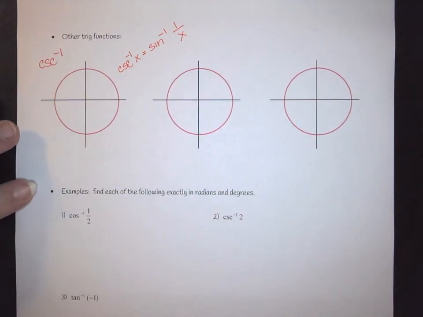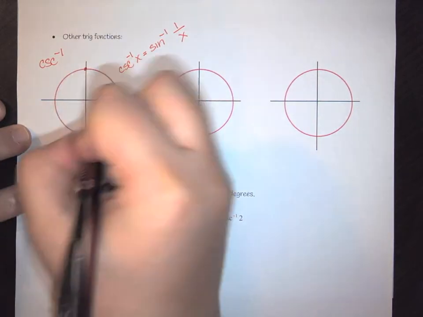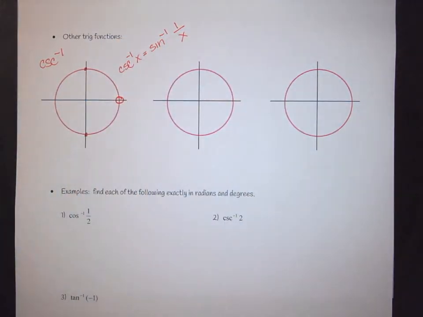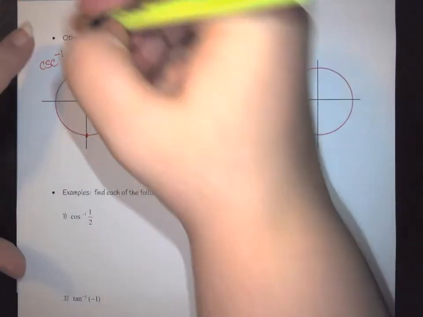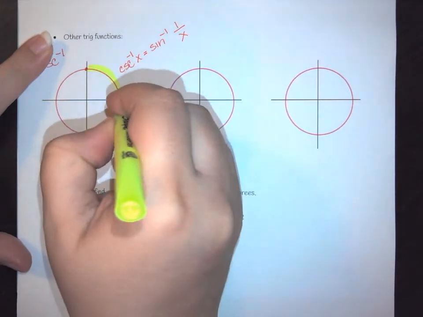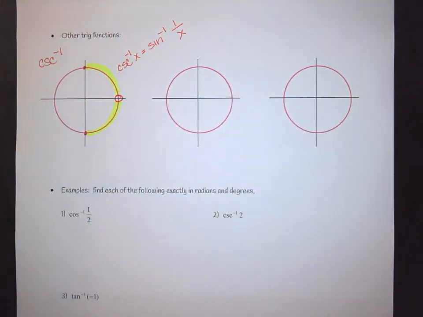With that being the case, we can still include our pi over 2's, but what you're going to notice is that here at 0 we now have a problem. So here we would include pi over 2 up to 0 and then from 0 down to pi over 2.